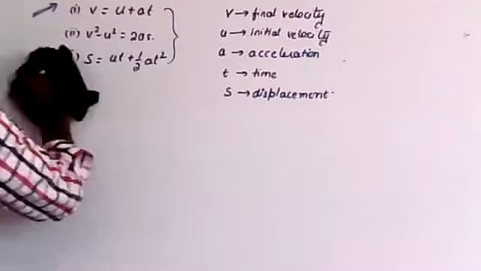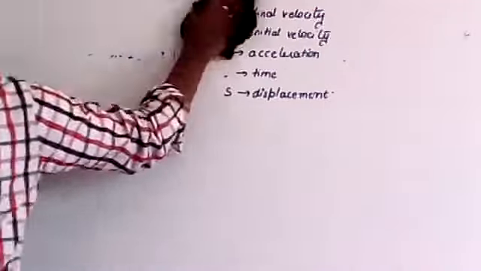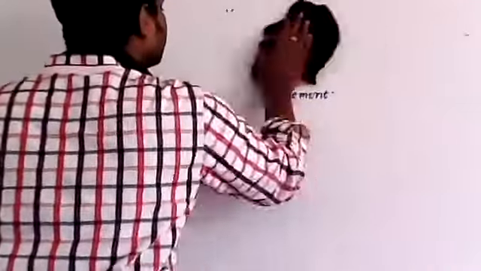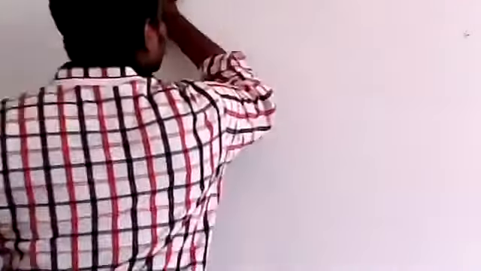Now I'm going to explain the proof for these equations. In these proofs, we have both types: graphical proof as well as by using integration. By using integration you can prove, by using graphs also you can prove. I will follow the graphical method.